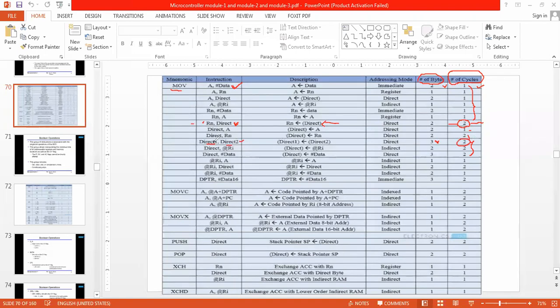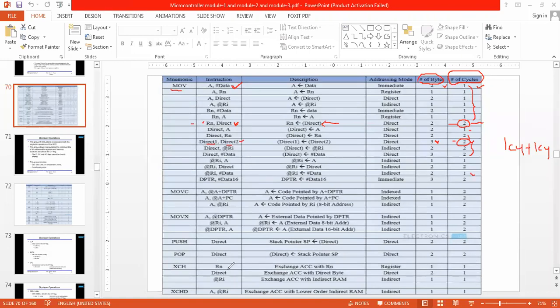The calculation of the direct 1 and direct 2 addresses is done in one cycle, and then the data is copied in another cycle. That is why 2 machine cycles. So for data movement instructions, we have 1, and maximum 2 machine cycles.